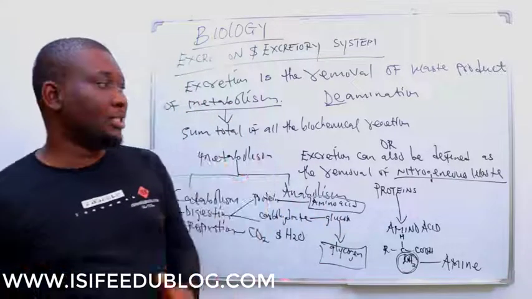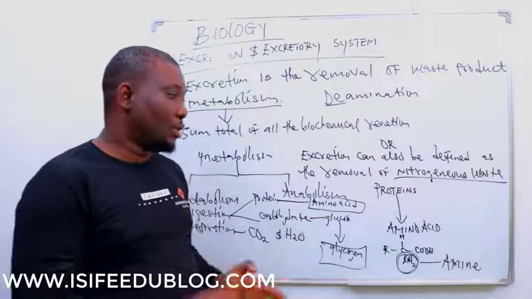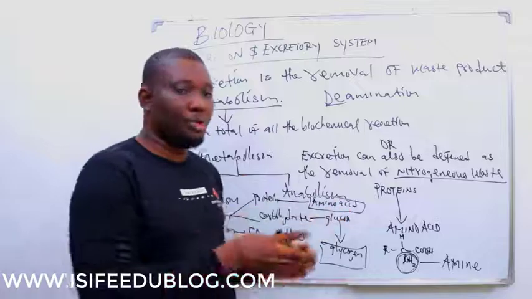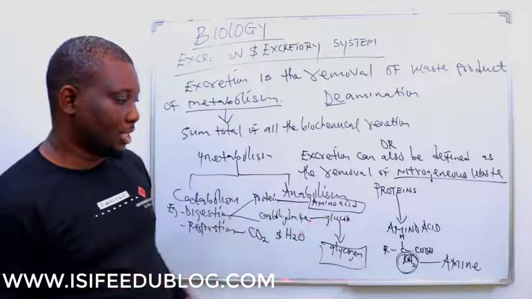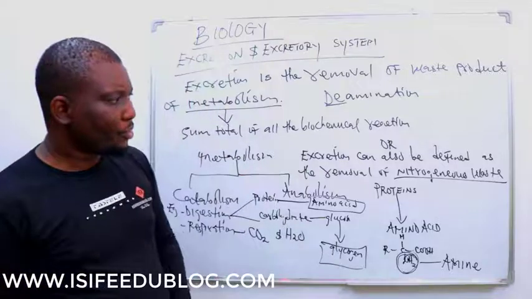The role of the kidney is to excrete, not to remove. So the removal of this amine from the amino acid is called deamination. So this is what we refer to as the amine.